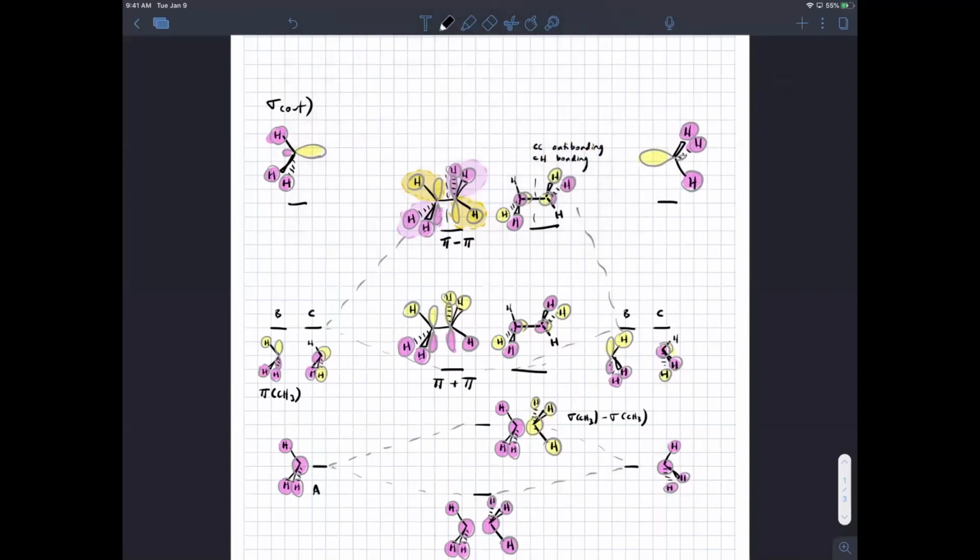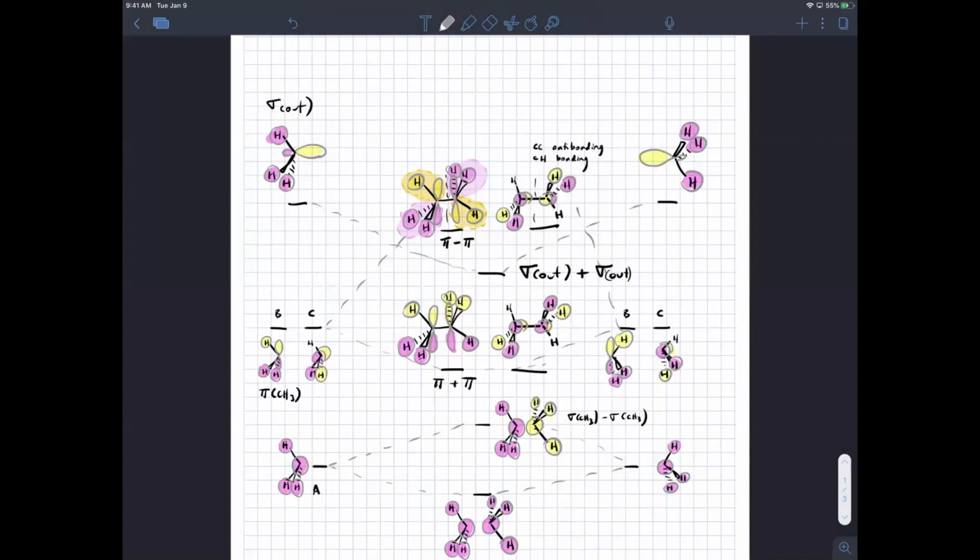Because of that large orbital overlap, the sigma out plus sigma out orbital is going to be actually lower in energy than the out of phase pi CH3 combination.